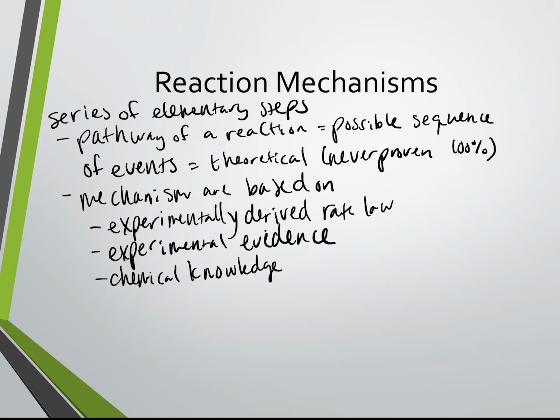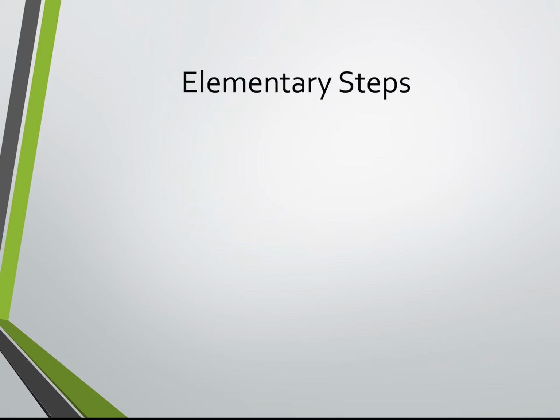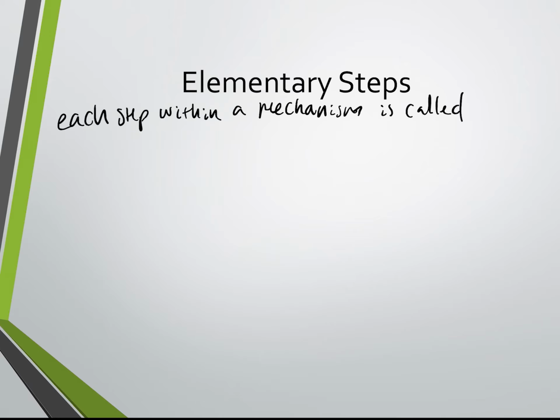So with our reaction mechanisms, we have what are called elementary steps. So our elementary steps are steps that are the breakdown of the reaction mechanism. So each step within a mechanism is called an elementary step.